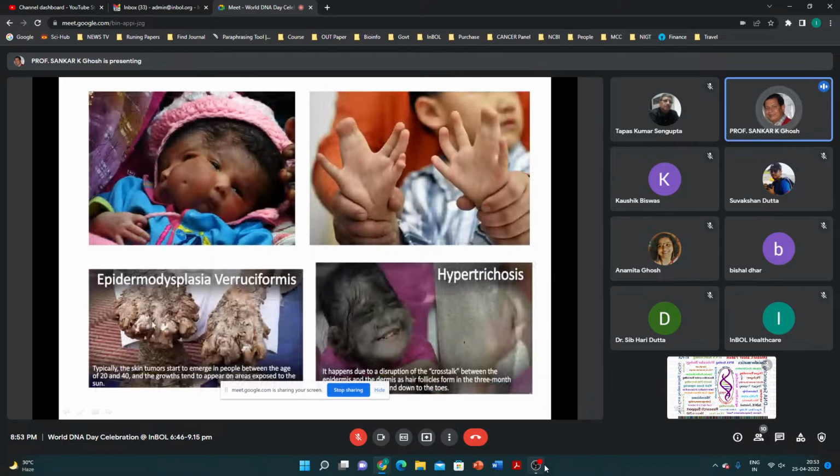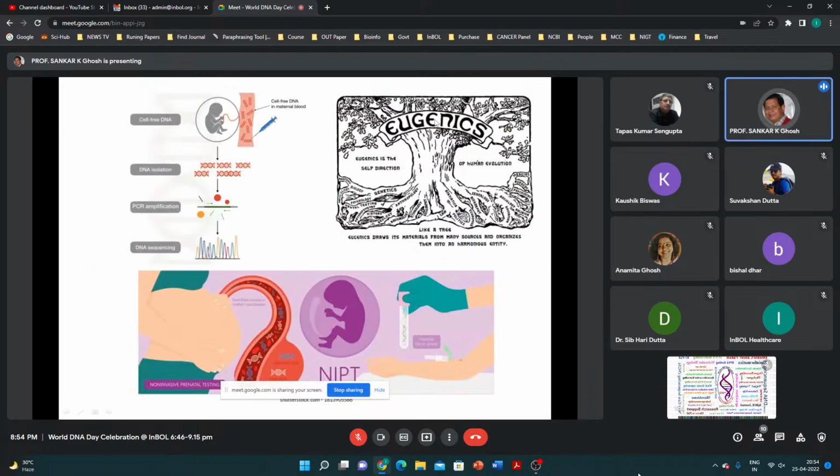There are several defects. These human defects, based on a single gene or multiple genes, can be identified very easily right now, using targeted sequencing, whole genome sequencing or exome sequencing, and that means we can go to eugenics or that part, because we want to remove these kinds of deleterious genes.